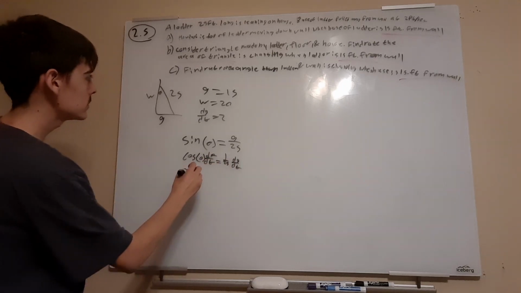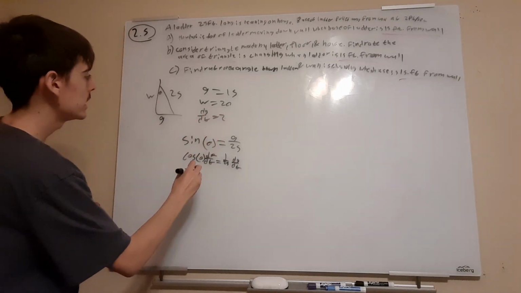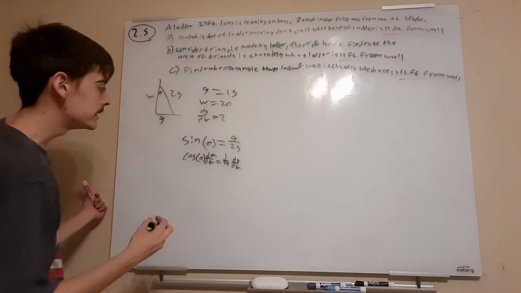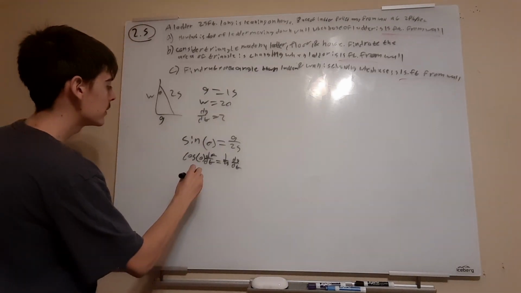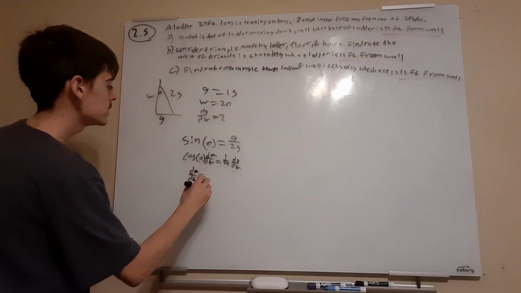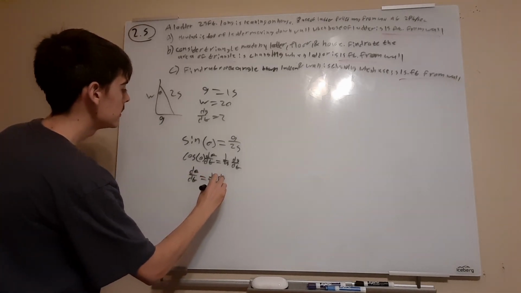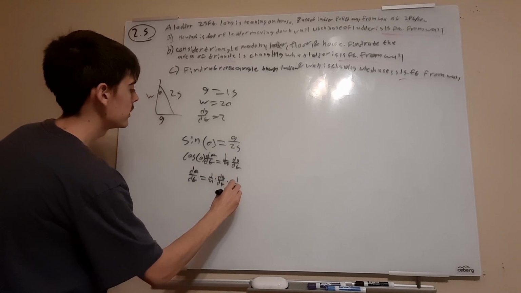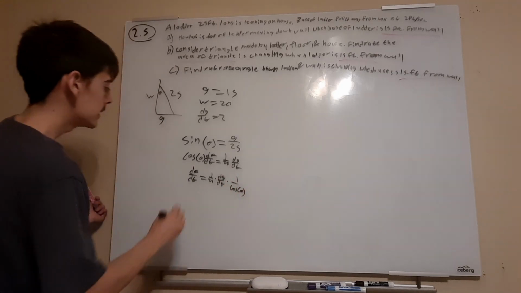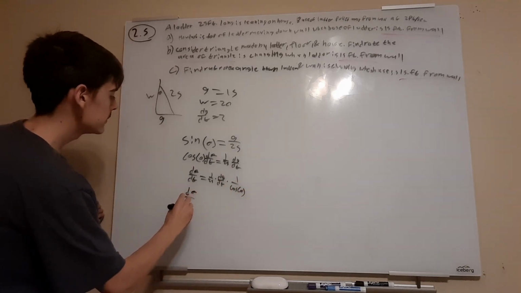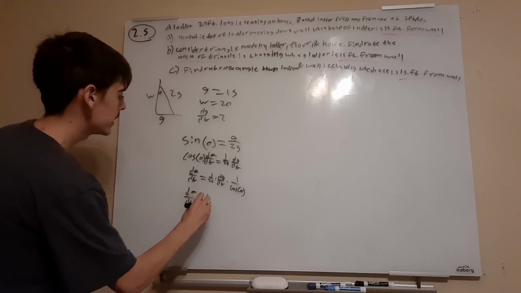Now, plugging in values, we're looking for the rate of change of the angle, so we want to find d theta/dt. So let's move everything other than d theta/dt to the other side first. That's going to be 1/25 times dG/dt times 1 over cosine of theta. Now, if we start plugging stuff in, 1/25 is the same.